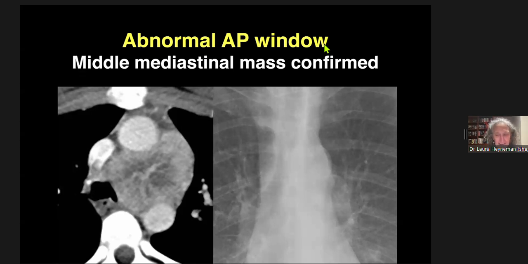That to me tells me that this is a mediastinal mass that is pushing out against the mediastinal pleura in the lung, as opposed to a lung mass that is invading the mediastinum.